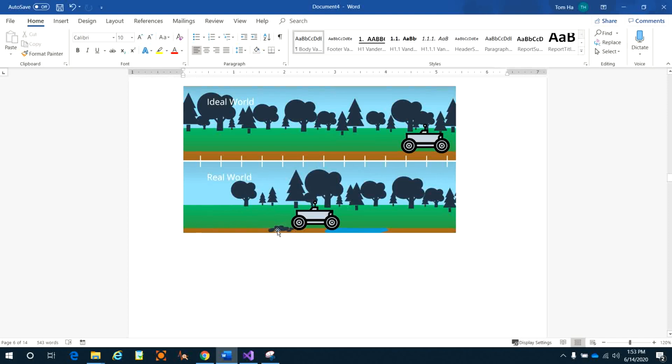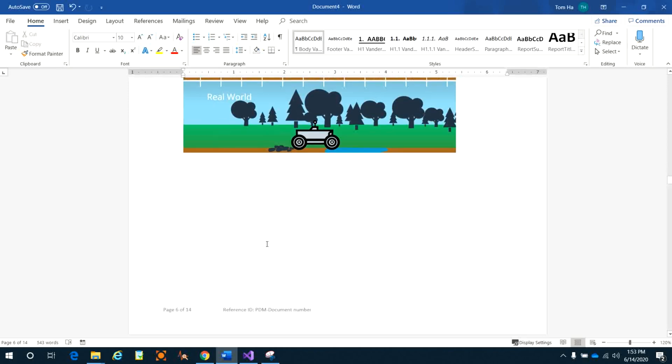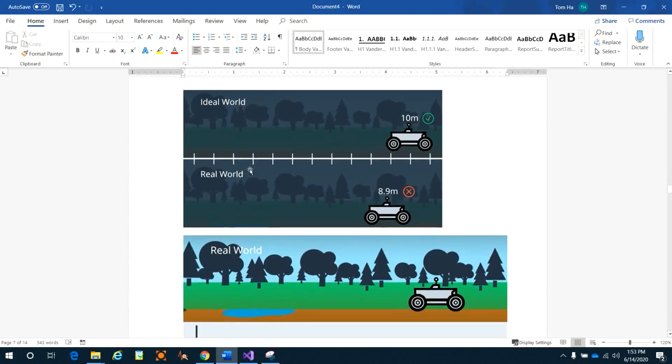For example, a rock right here and a wet floor right here make the robot slippery or add friction, maybe slowing it. In the ideal world it comes to exactly 10 meters, but in the real world it does not. It comes to 9 or 8.9 meters because the environment makes it move to a different location, or maybe the wind pushes the robot forward 11 or 12 meters, right?